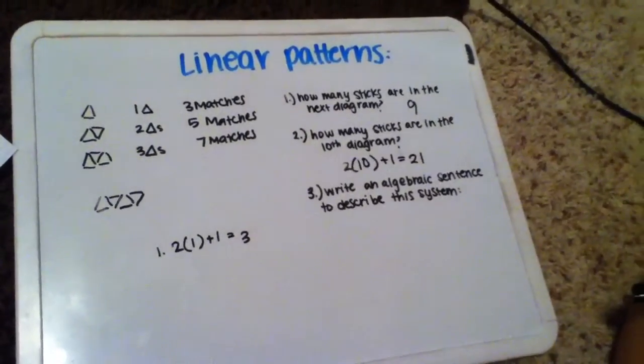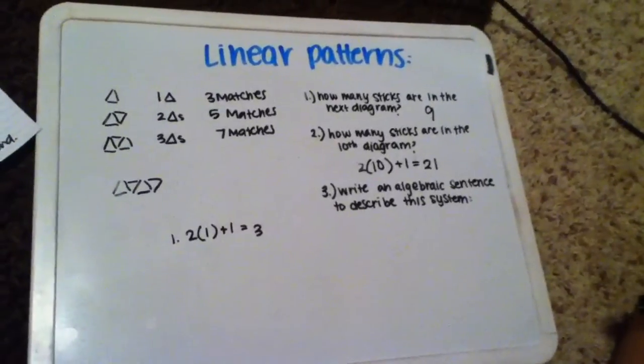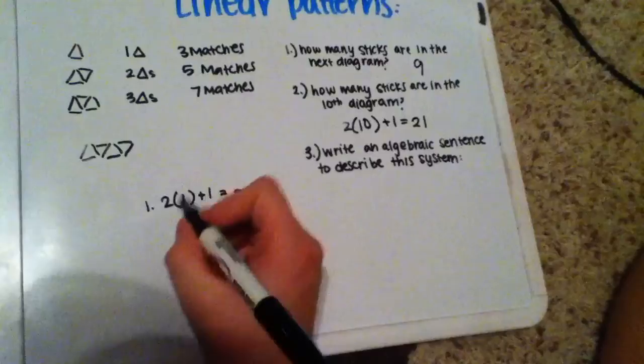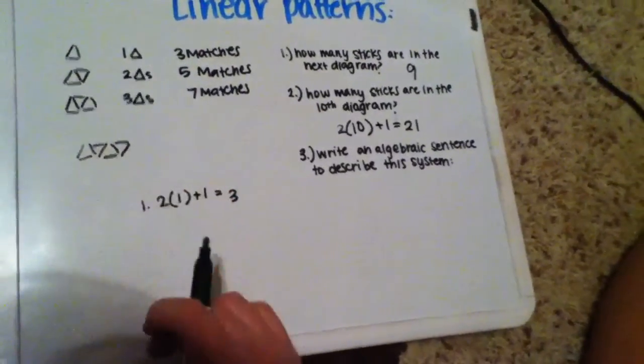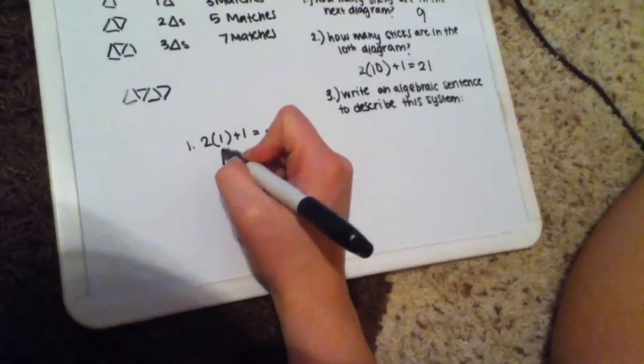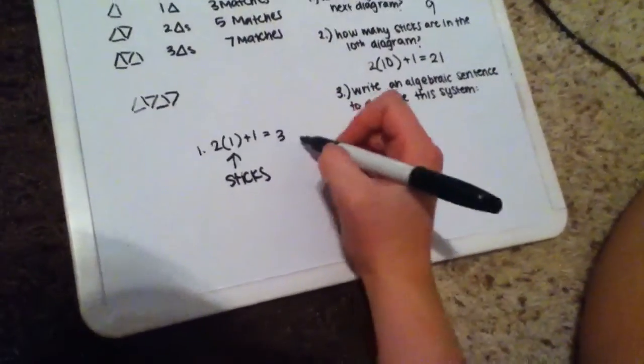The final question we have is to write an algebraic sentence and to describe this system. And so going off of this, we know 2 is the number of lines aside from this original, and then this is the number of sticks right here. And then this will equal the total number of matches.